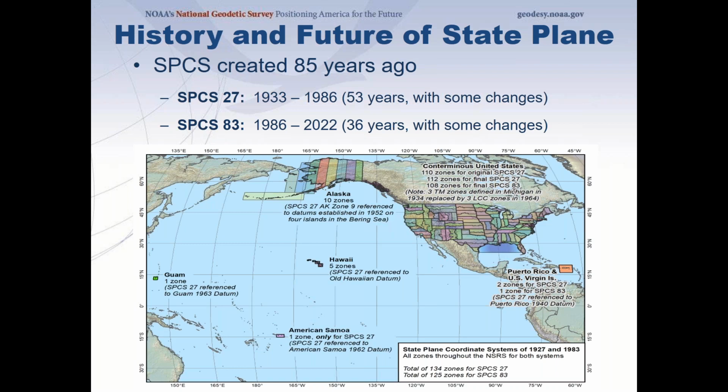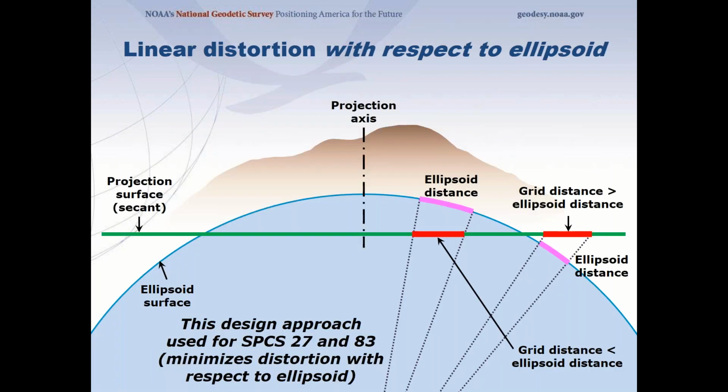And then when we did the NAD 83, we also developed state plane coordinate zones, and we kept almost the identical zones that we had in the 27 to make it easier for the surveyors. But as you can see, in Hawaii, we have 5 zones. Guam only had 1 zone. American Samoa only had 1 zone. And from this, we're now going to move to the 2022 state plane coordinate system.